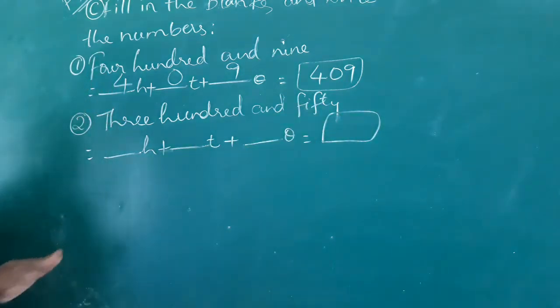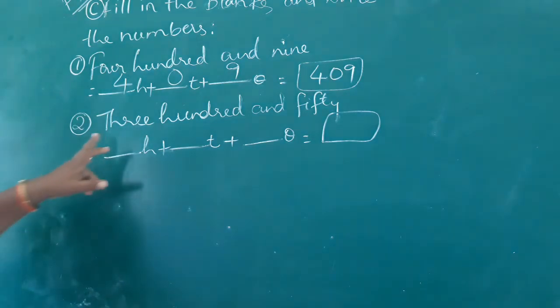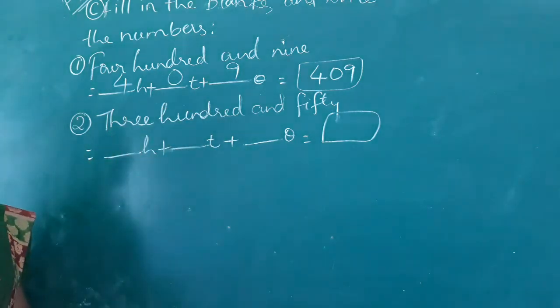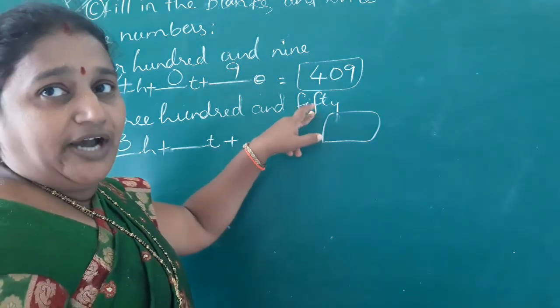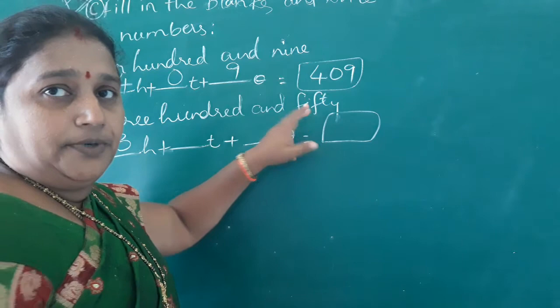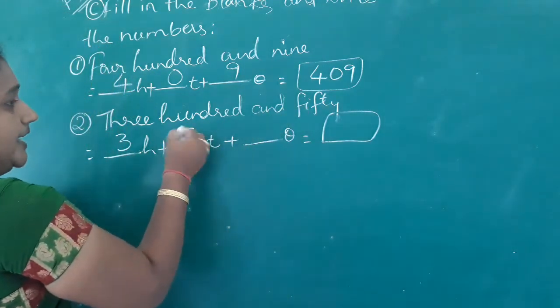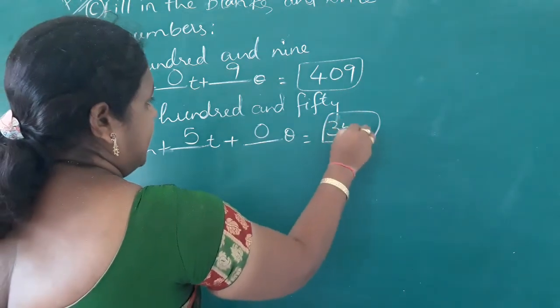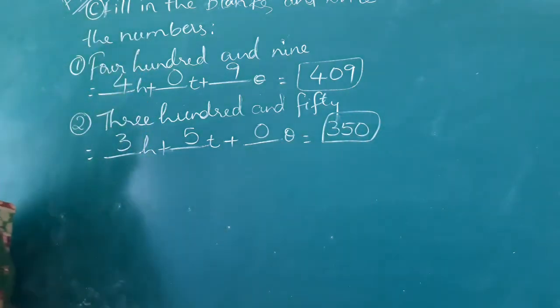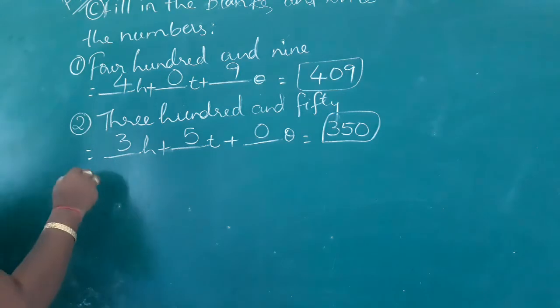This is the question, children. Listen. 350. How many hundreds are there? 3 hundreds are there. 50 means 5 tens. 5 tens and no ones was given, so keep 0. So that number is 350.